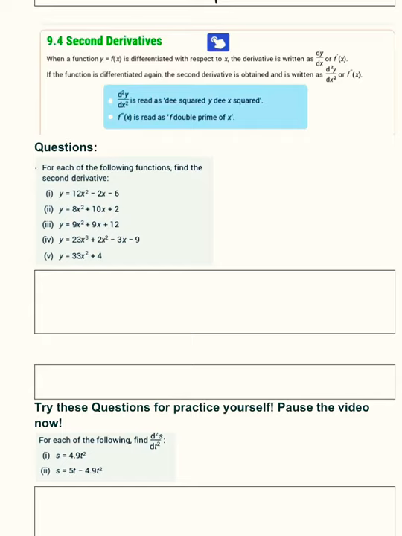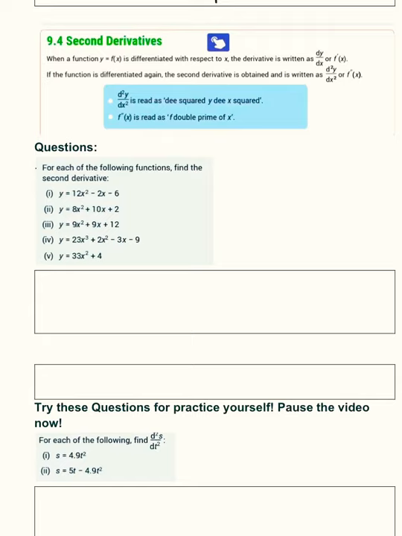So we differentiate twice in a row. You can see we have notation up the top: d squared y dx squared, or we can have f double prime of x. Either notation can be used.